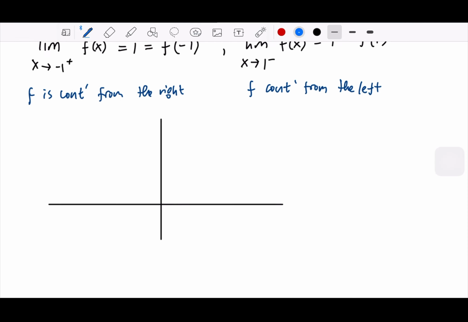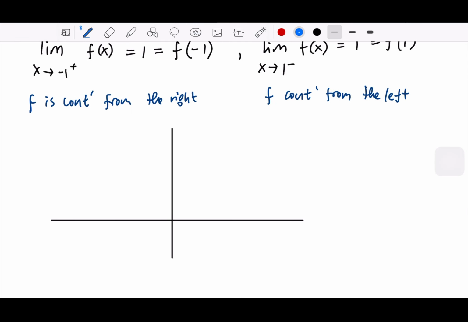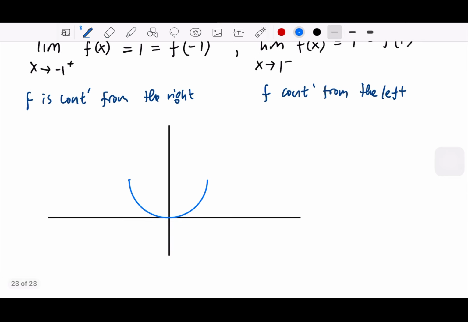But if you look at the equations, if I draw this full circle like this, actually this is what it looks like.